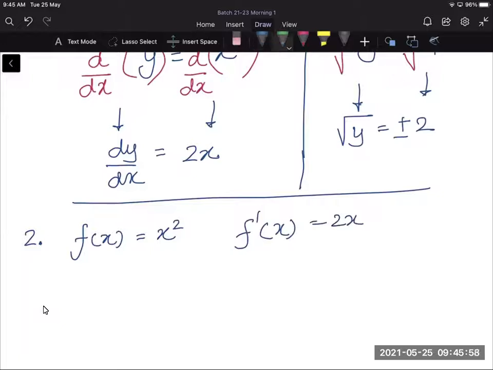So this guy, this dash, let me do it like this. F dash x means the slope.